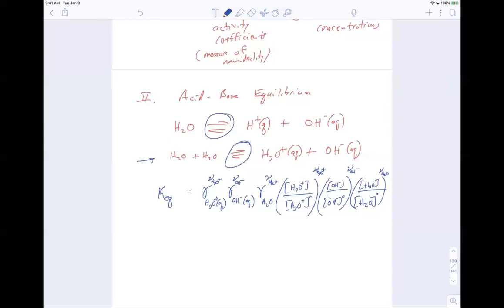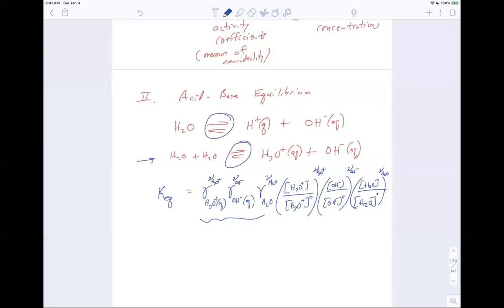Okay. The way you've been taught this is without the gammas, and the approximation that went into that is that you're dealing with systems where things are so dilute that you don't have to worry about non-idealities. And so obviously for the pH levels that you've been dealing with, they're like 10 to the minus 7, 10 to the minus 6, right?